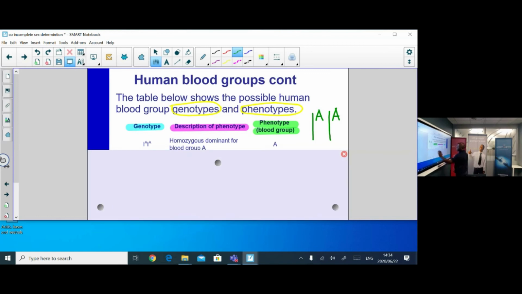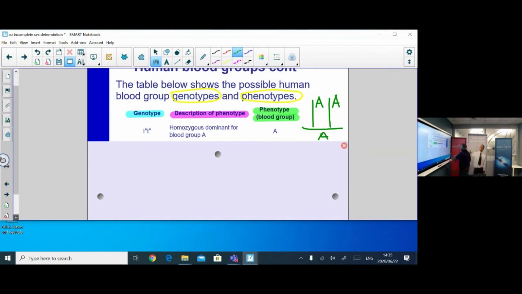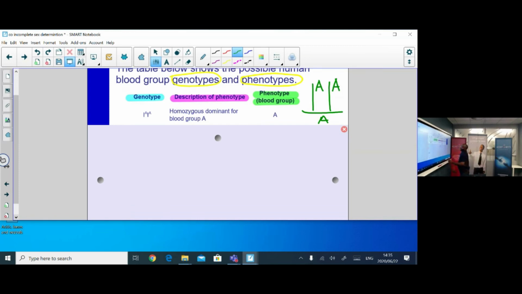All right. And then to state the phenotype now, it will be A. That's what we use. If it's blood group B, we still denote it this way.